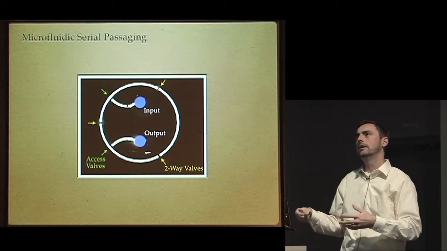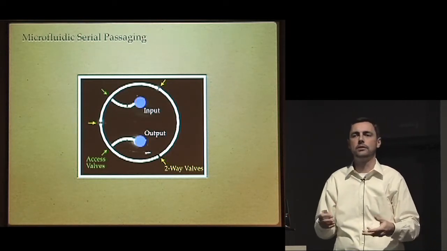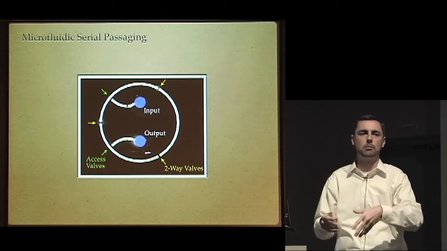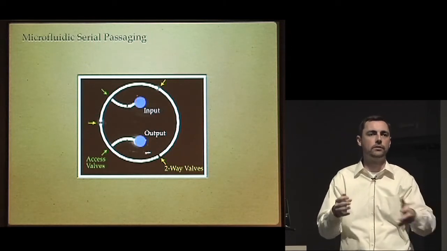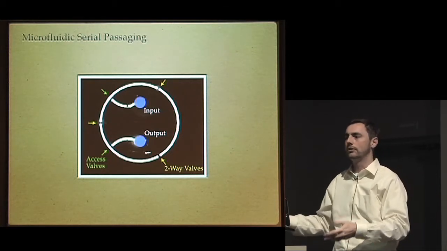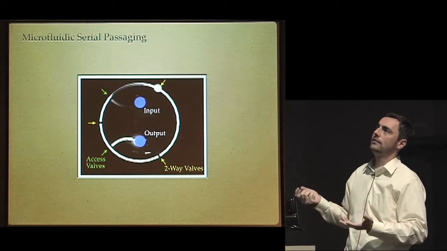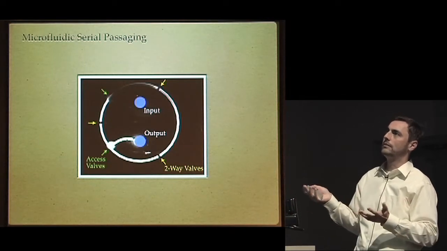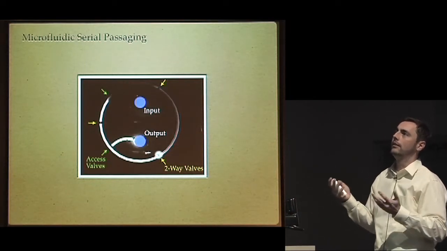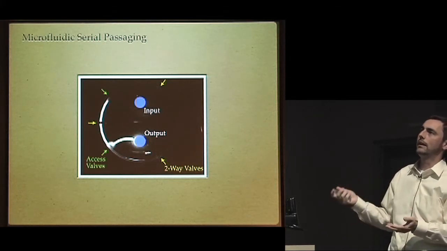And what I want to show you here is how, under computer control, we can do this process of serial dilution that I showed you previously, where we're passaging molecules, cells, whatever have you, from tube to tube. But now we're actually doing that process of serial dilution under complete computer control. So the whole circuit is filled with dye initially. We begin to pump our diluent, which is buffer here, has no dye in it, so you're seeing it disappear on the right side.